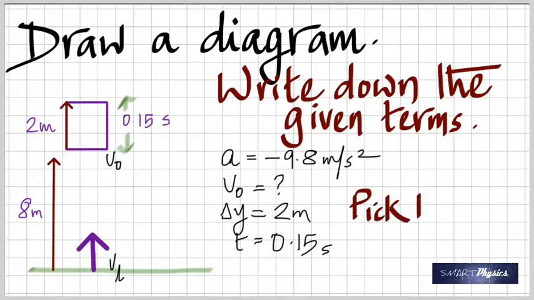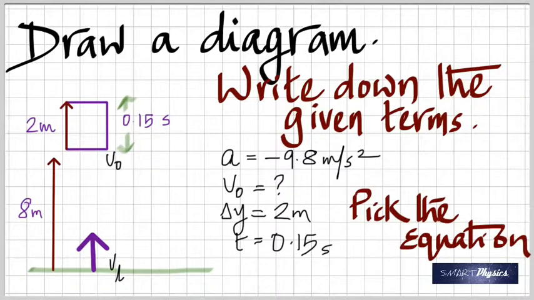Now, after you write down all the given terms, the next step is to pick the equation that has all the terms in it. Now, that's an important thing. You got to look at the terms carefully. It's got acceleration, it's got v naught, the initial velocity, it's got delta y, and it has the time. Now, which is the equation that has all these terms in it?